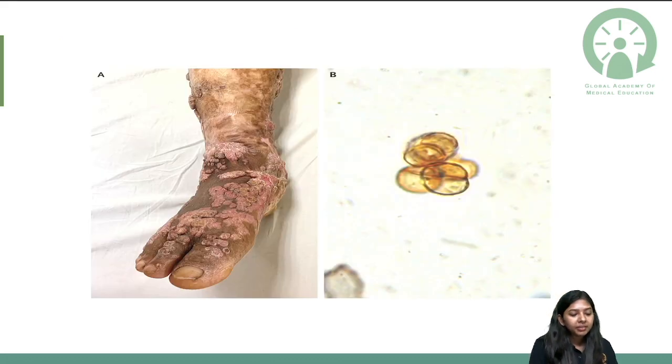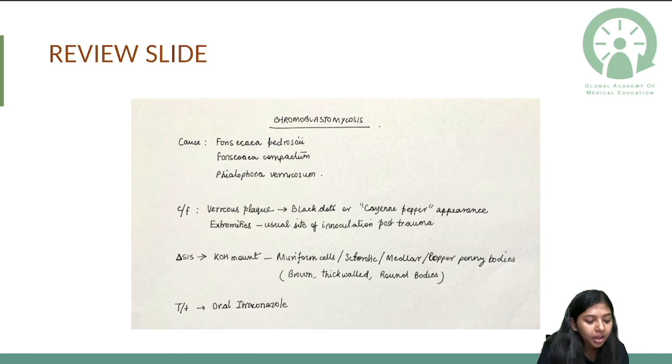A man presenting with a hyperkeratotic crusted plaque on his extremity, the most common site being the leg, and on KOH mount you find these copper colored penny shaped bodies. So it's a case of chromoblastomycosis. Why chromoblastomycosis? Because it's caused by pigmented fungi. These fungi produce pigment, which is why it's called chromoblastomycosis. Chrome is pigment. It's caused by Fonsecaea species, Fonsecaea pedrosoi, Fonsecaea compacta, and Phialophora species.